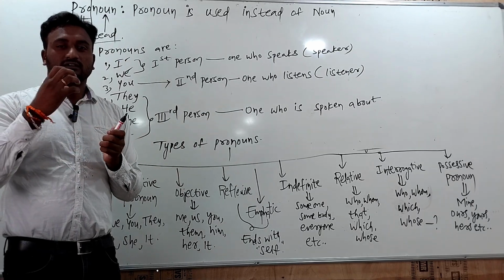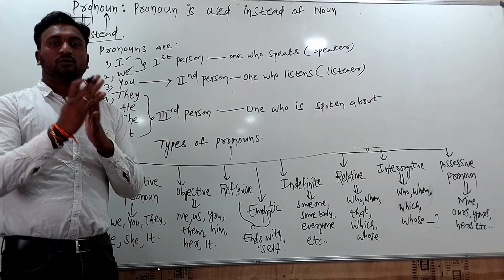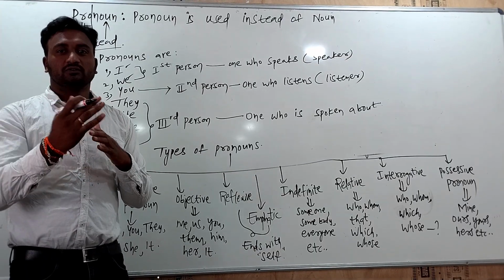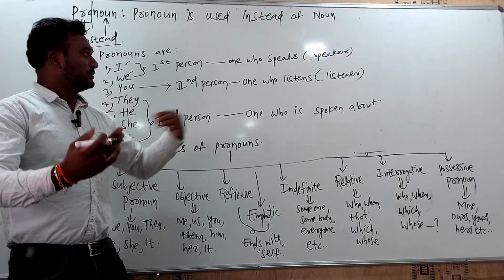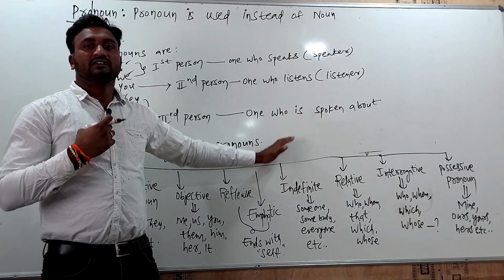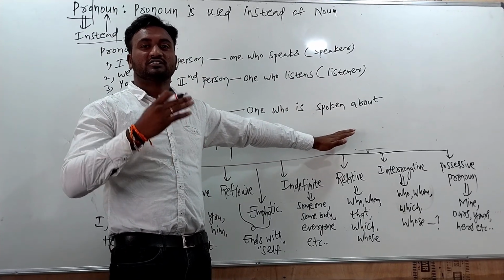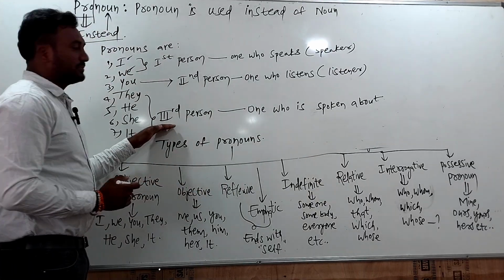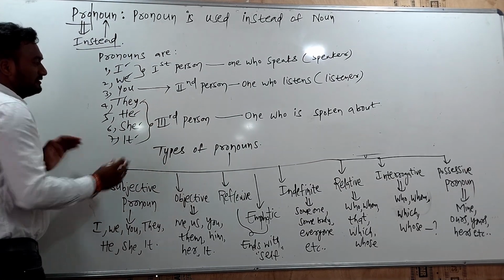In the same way, there is something to speak about, right? There won't be any conversation when there is no topic to discuss. I am the speaker, speaking with you, and you are the listener. We are speaking about something, and it can be any person. Whoever is spoken about is said to be third person. So it can be they, he, she, it.